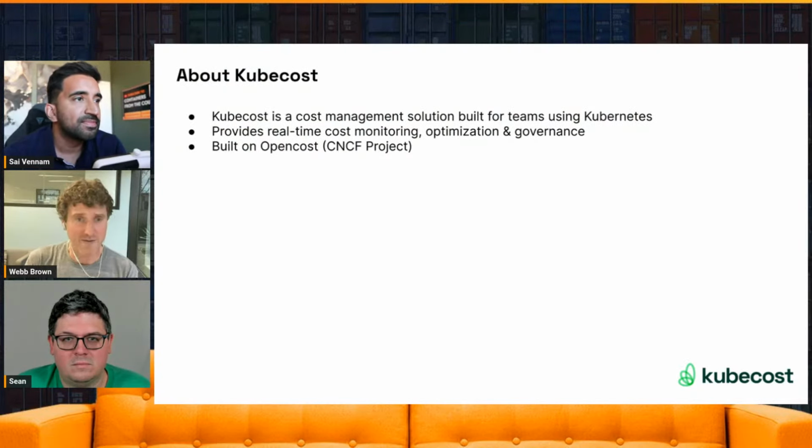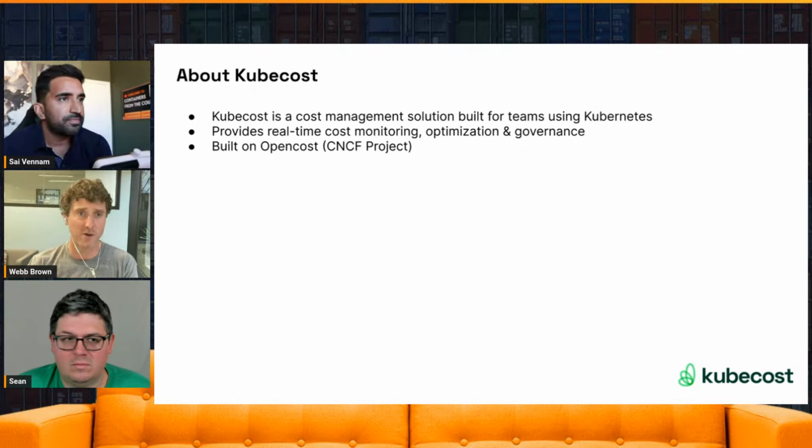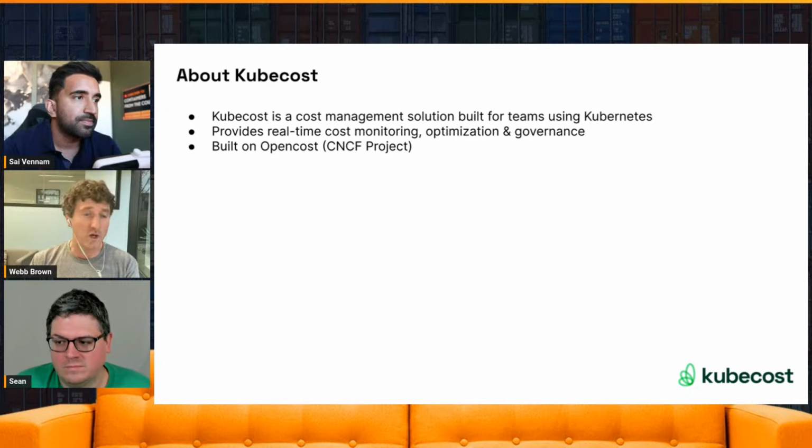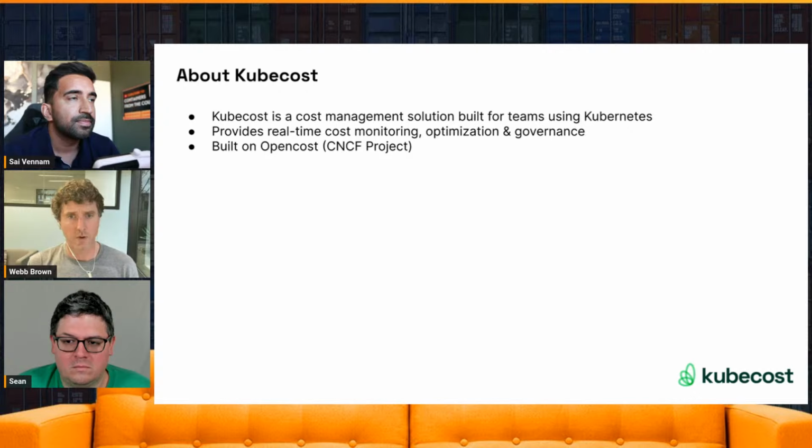So before we dive into that, which we're going to get to really quickly, I just want to set the stage, give a little bit of background context on Kubecost. So first and foremost, Kubecost is a comprehensive cost management solution purpose-built from the ground up for teams running Kubernetes. So it has real-time cost visibility, optimization, as well as governance built into its core product.